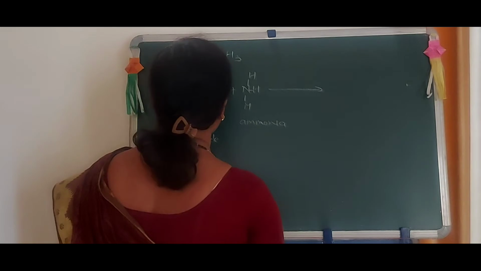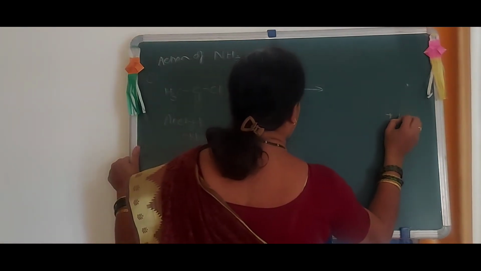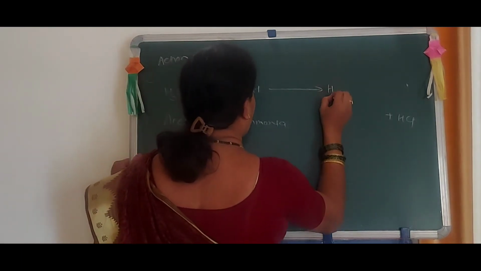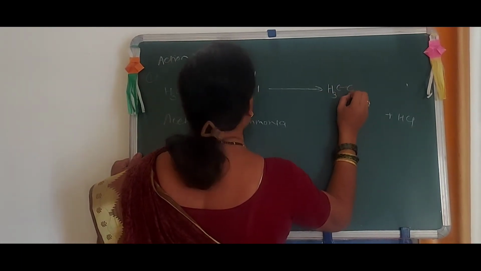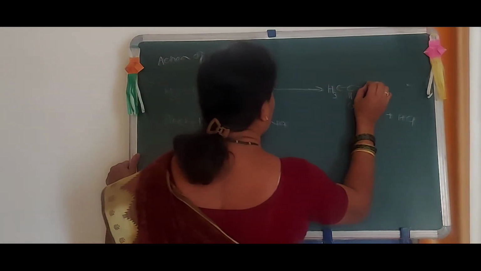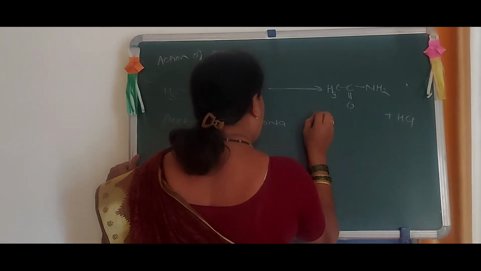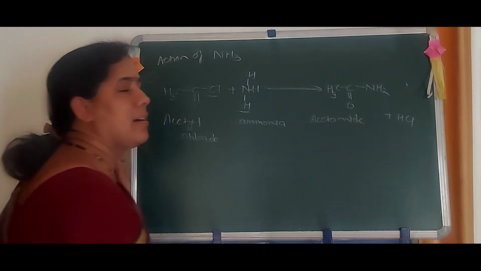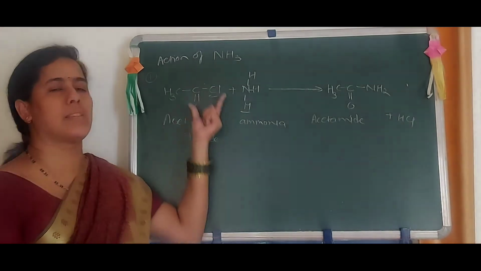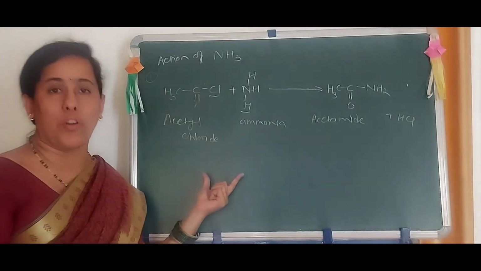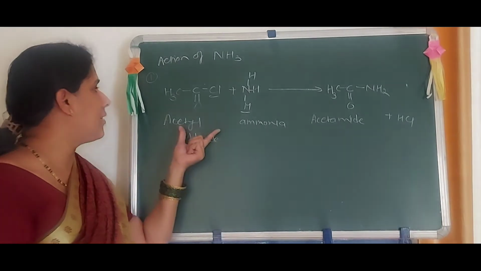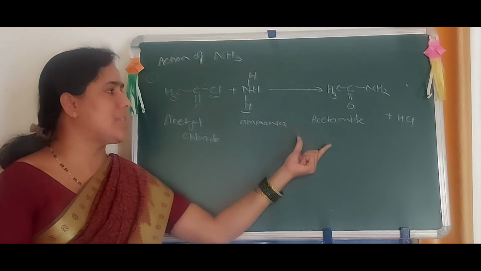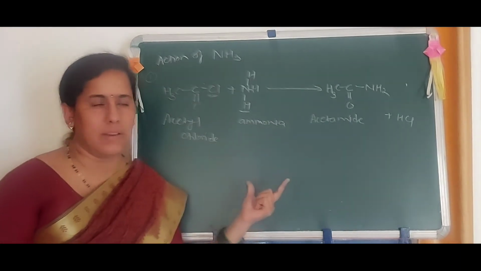Removal of HCl takes place, the H from here and Cl from here, and there is formation of acetamide, CH3CONH2. Thus, by these three reactions, first with water, second with an alcohol, and third with an amine, there is formation of acetic acid, ester, and acetamide.